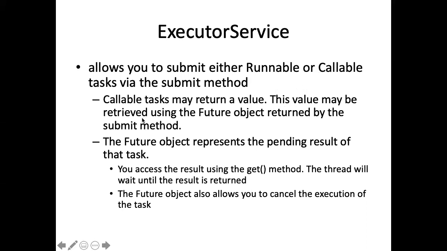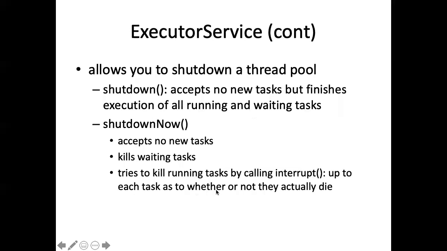And the way you get that value is that when the callable task is created, it creates what is called a future object and returns that future object. And then that future object allows you to access the result using the get method. It also allows you to cancel the execution of the task if for some reason you don't want to wait that long.